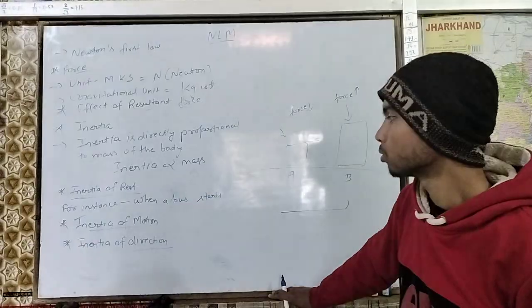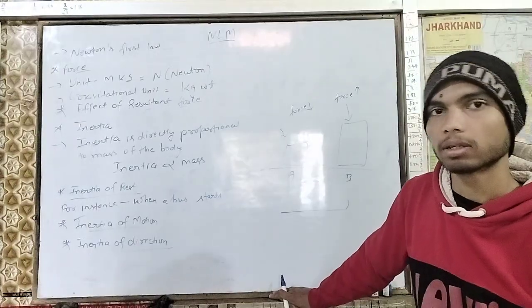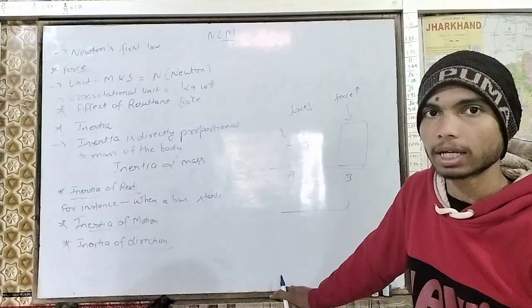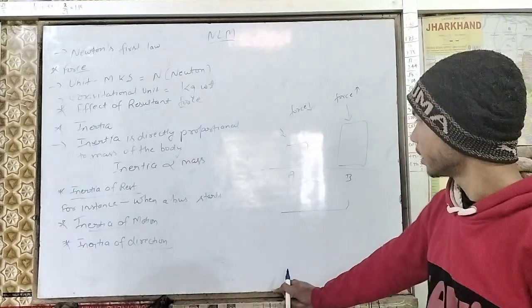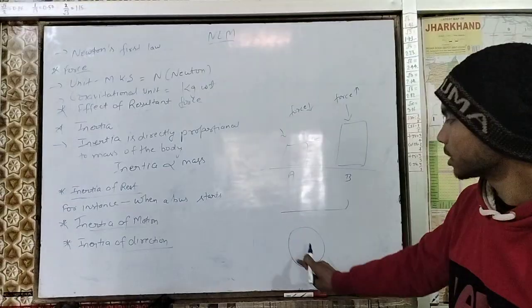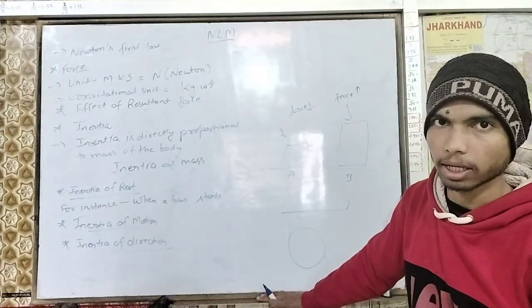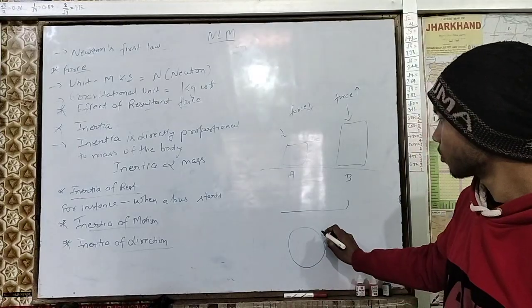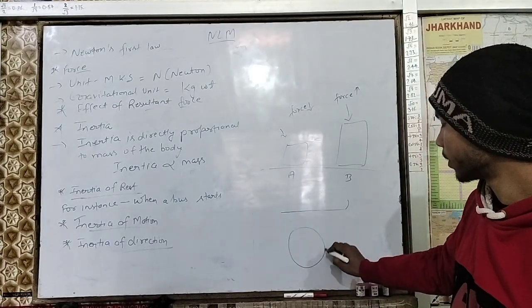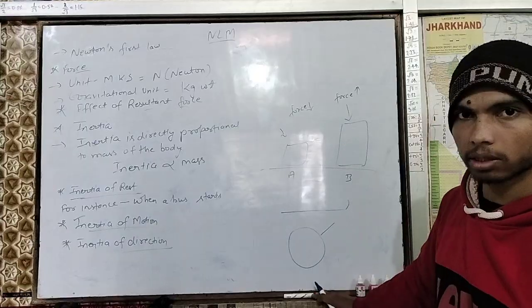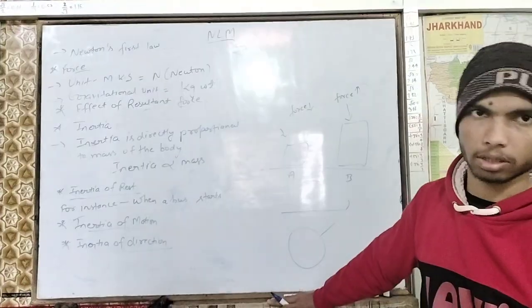But when it comes to a different direction, in that case we will have to apply force so that we can change our direction. If the direction is circular, this is our circular direction. The object will be moving in a circular direction. If you want, after one round, that object to go in this direction, here the direction will be different.